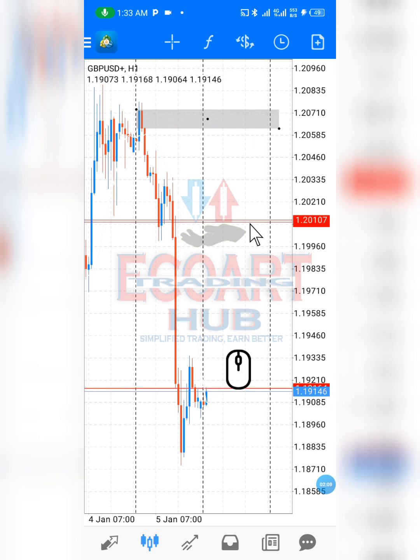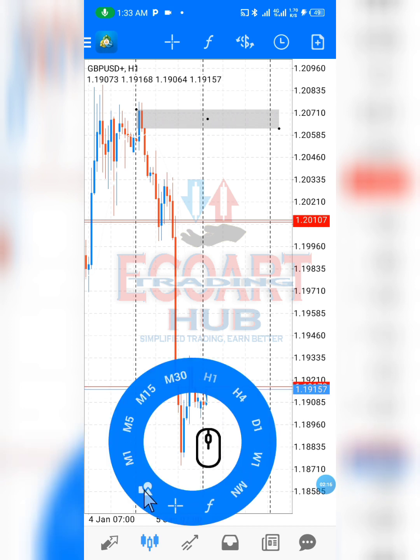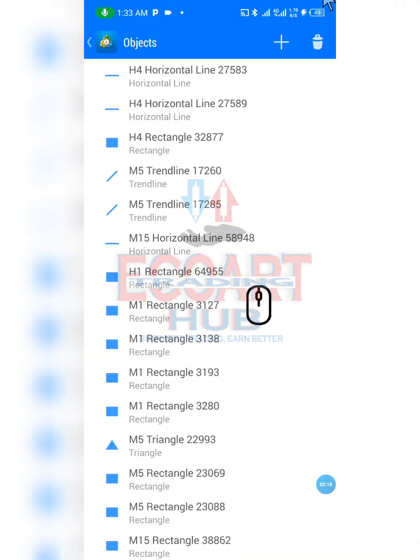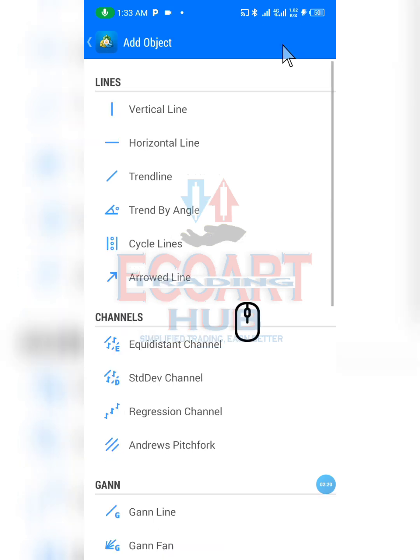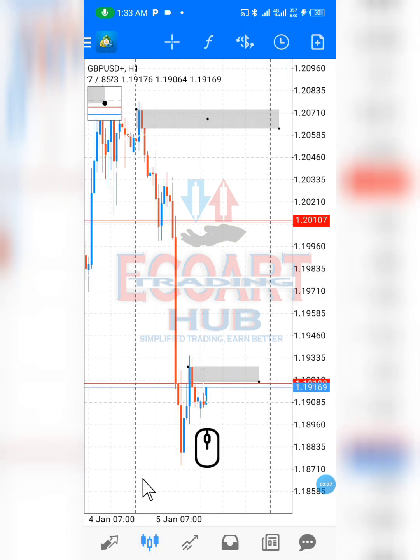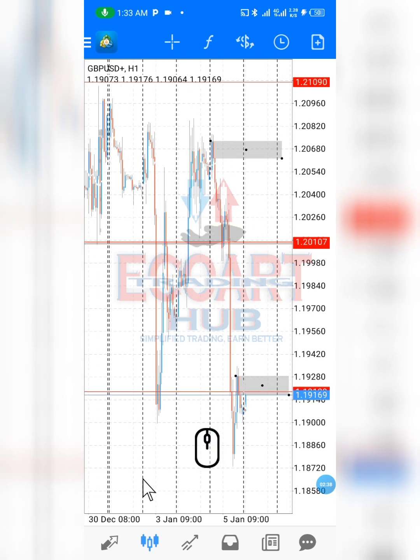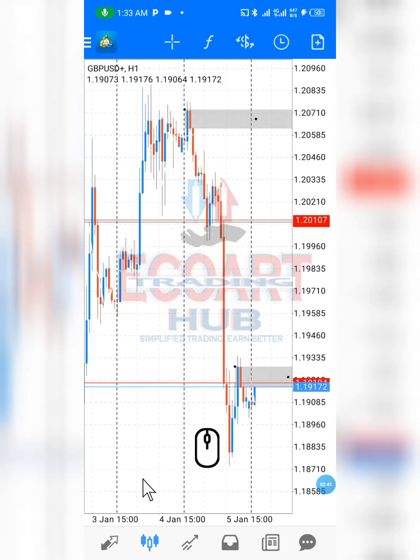Then the next thing I will do is mark out this region here, and I'll go to my object tool. I will select the rectangle, and I will mark out this point. Okay, this is what's happening here.